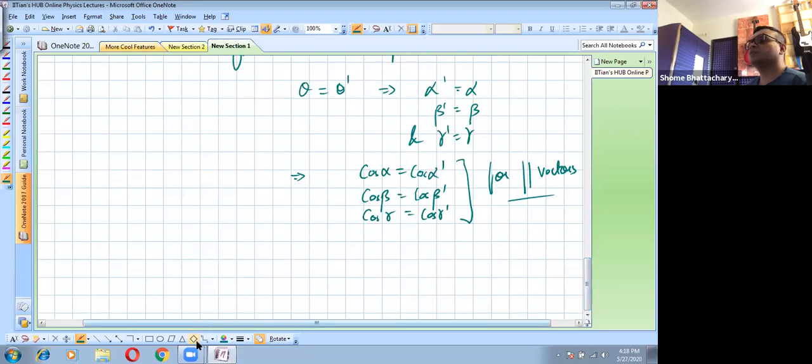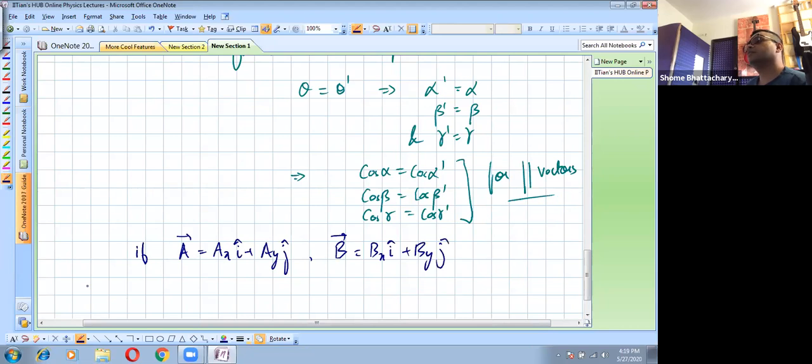So in the above example, in component form, suppose vector E was equal to Ex i cap plus Ey j cap, and vector B in component form was Bx i cap plus By j cap.